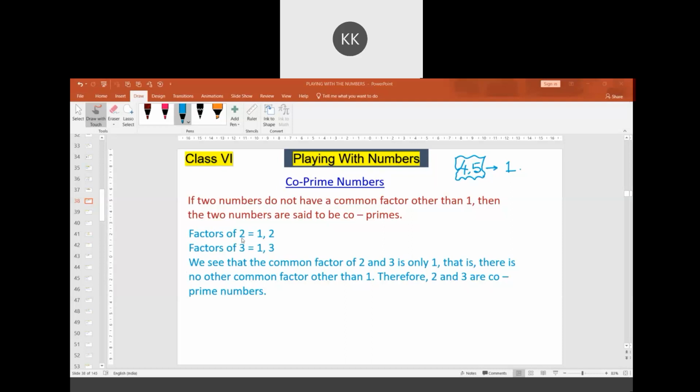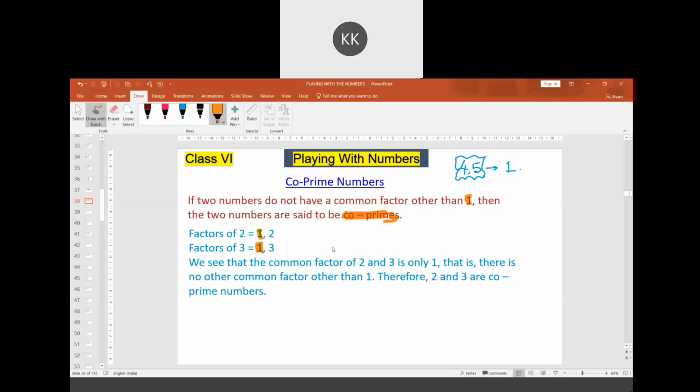Look at the factors of 2. The factors of 2 are 1 and 2. The factors of 3 are 1 and 3. In this, the common factor I am going to highlight is just 1. So such numbers where the common factor is only 1 are called co-prime numbers.